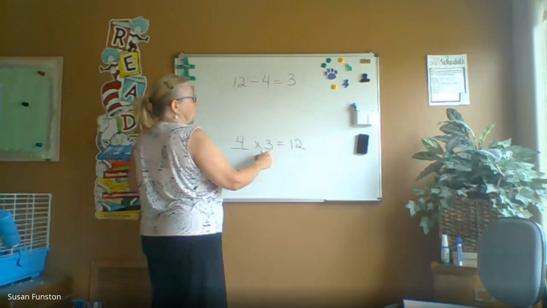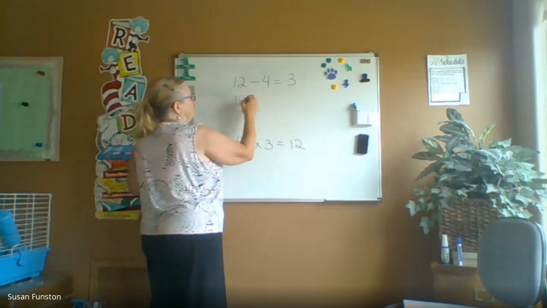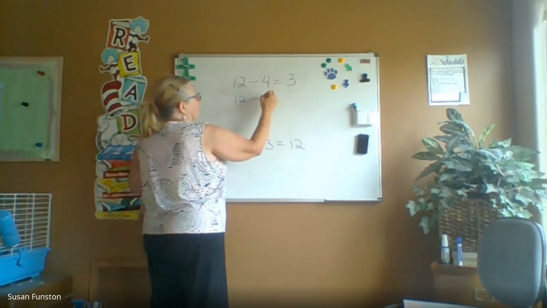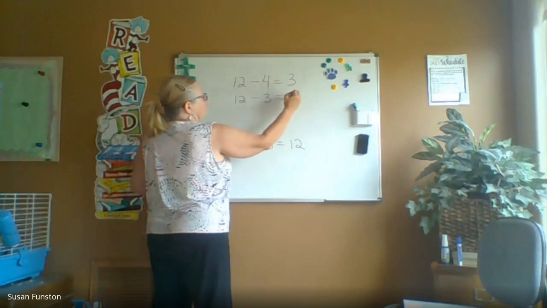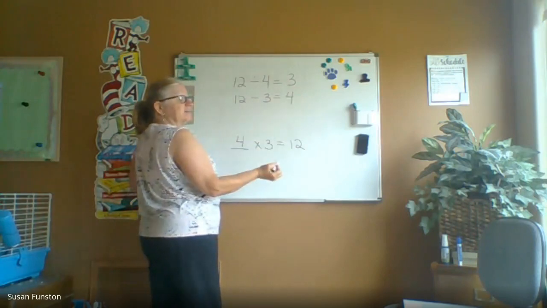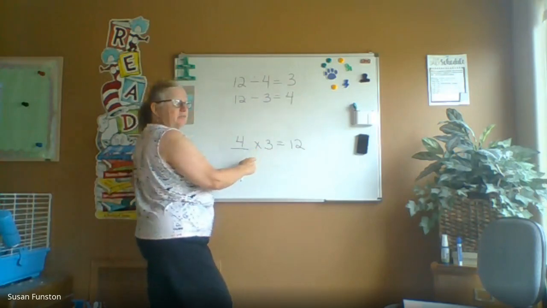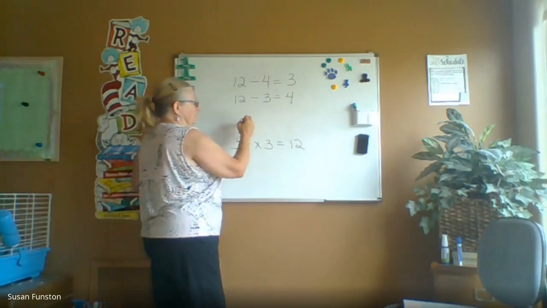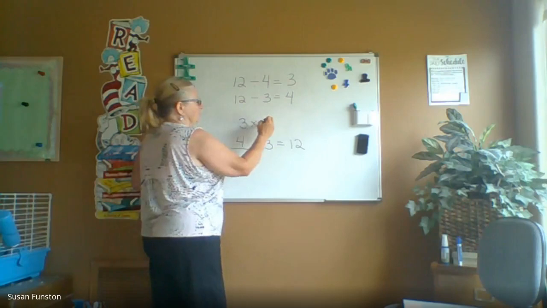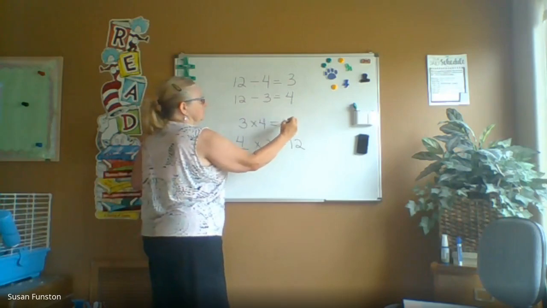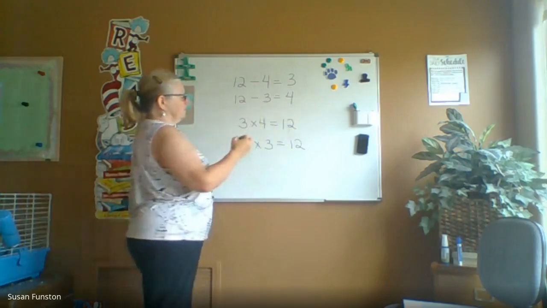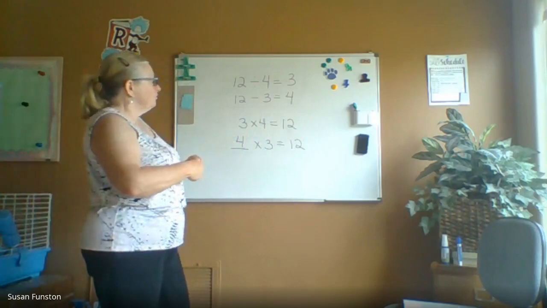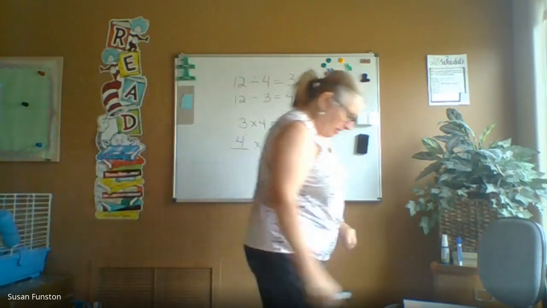What if I wanted to use this one first? Could I say 12 divided by 3 equals 4? I could. Can I make another multiplication sentence? Could I switch these numbers? I could say 3 times 4 equals 12. So this is our fact family for 4, 3, and 12.